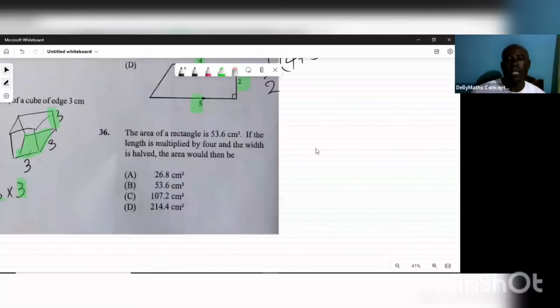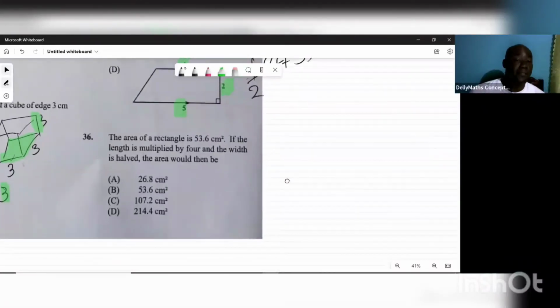Look at this one now. It says the area of a rectangle is, oh, this one is a nice one, 53.6. If the length is multiplied by 4 and the width is halved, what would the area then be?